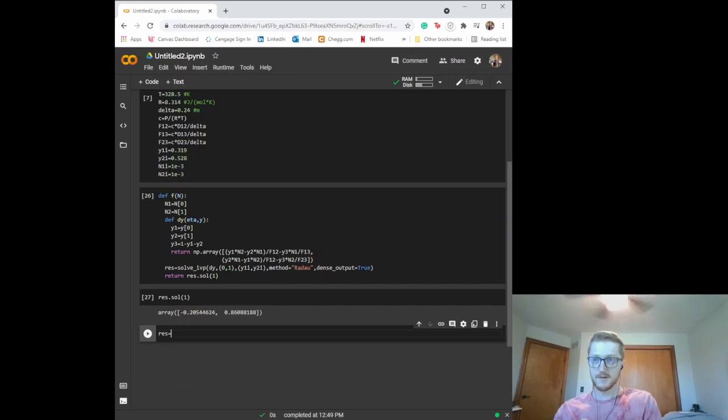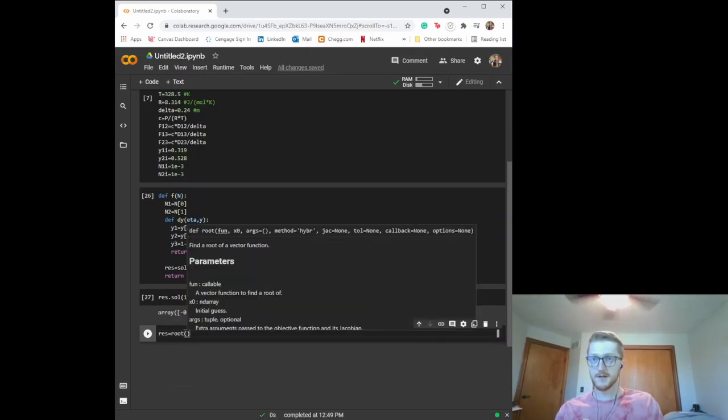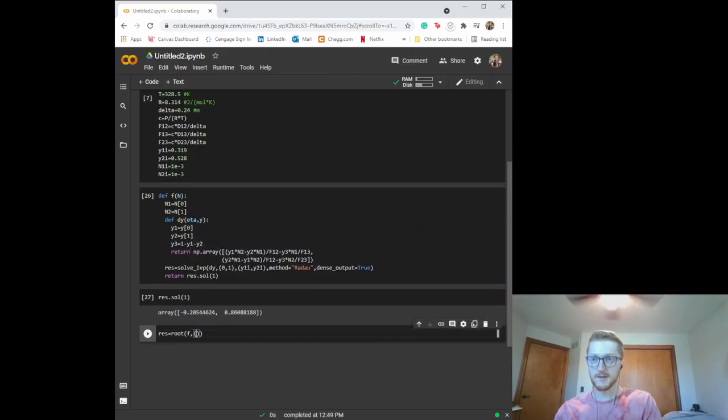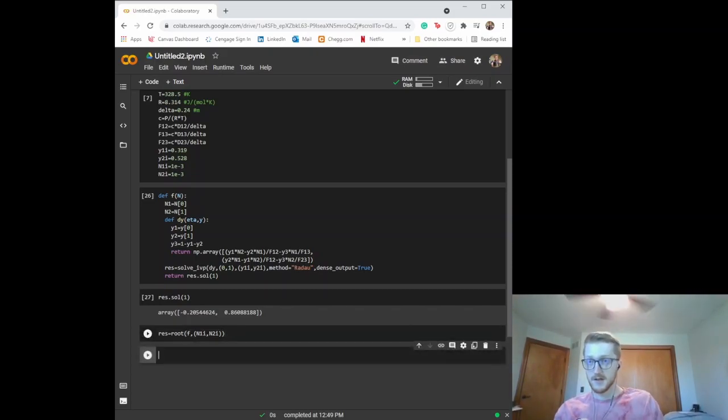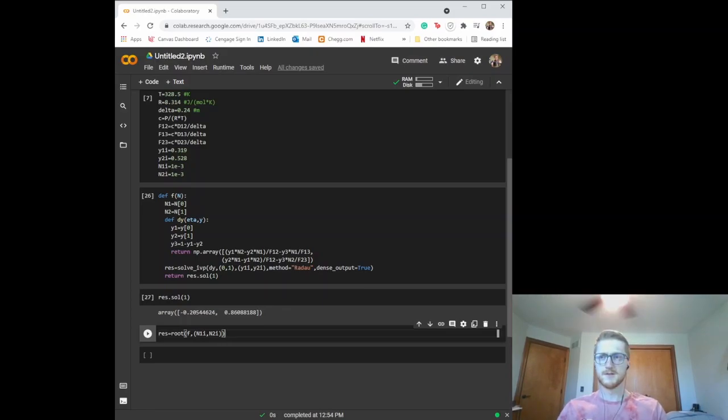We can just say the result of the root, which the root wants you to provide your function, which in this case we just gave the function of f, and then it wants the initial guesses, which we defined originally as n1i and n2i. And what this is going to do is then allow you to find the point at which the mole fraction is equal to 0. Sorry, my computer crashed while I was doing that last part.